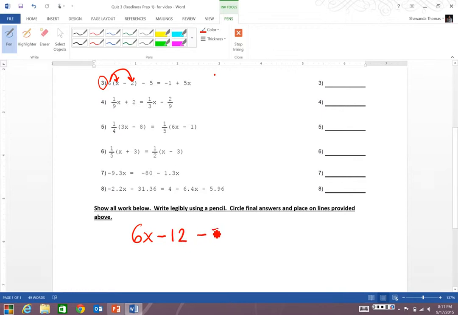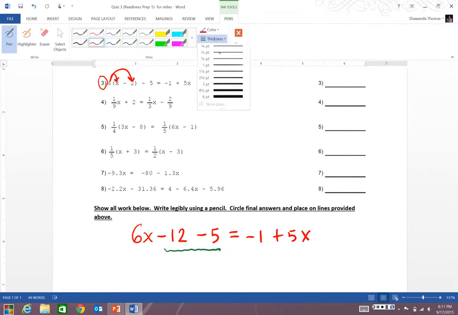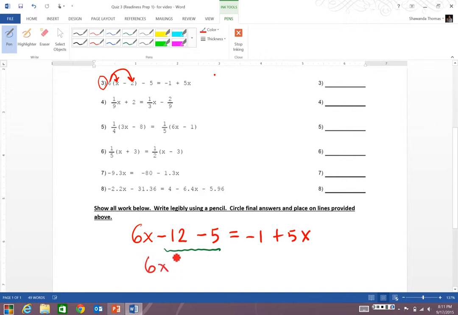Then let's rewrite everything else over. Now that we've written everything over, we see that we have like terms: negative 12 minus 5. So we have 6x minus 17 equals negative 1 plus 5x.